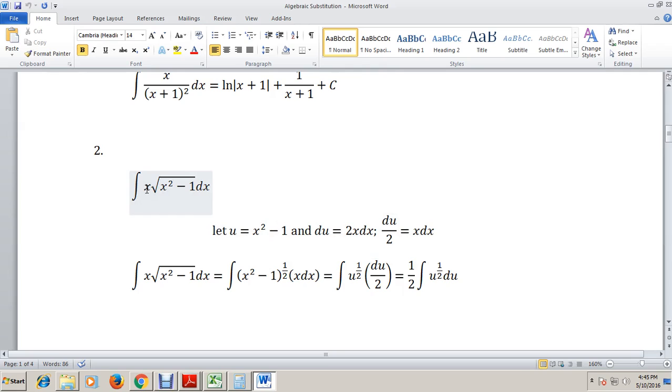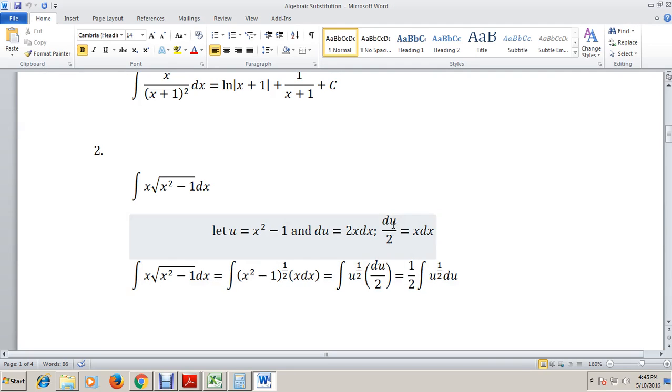So we need to find a representation for x here. But notice, since we already solved for du as 2x dx, we can actually solve for x dx as du over 2. So that means we just need to rearrange our original integrand to form x dx. Doing that, we have the integral of x square root of x squared minus 1 dx, rearranging the terms as x squared minus 1 raised to 1 half and x dx.